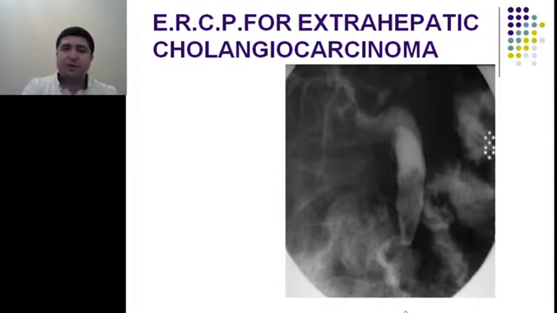And here also ERCP we can use for extrahepatic cholangiocarcinoma, and not only cholangiocarcinoma, for any tumor process, liver cancer, pancreas cancer, something else. For any compression from outside, we can apply a stent to the common bile duct, and it will give a very nice effect.